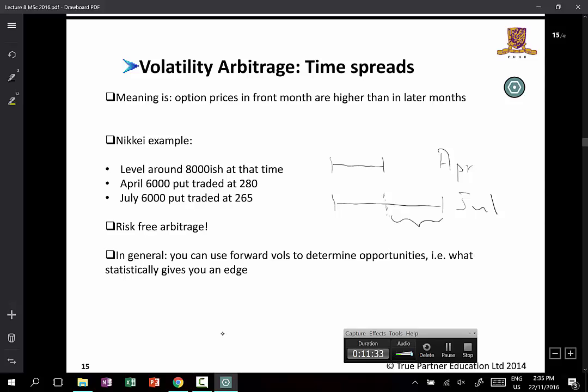So if this was the case, I would simply sell that, and I will short this one, I will buy this one, and I don't have any risks, because if I sell the April and someone makes a claim, I have the July one to hedge that, and in any case I get an extra 15 points because I sell at 280, I buy at 265.